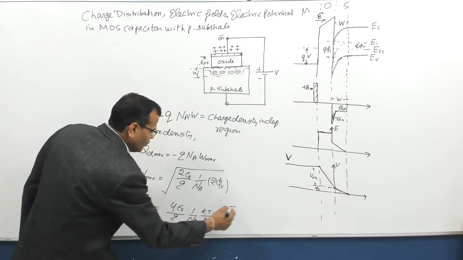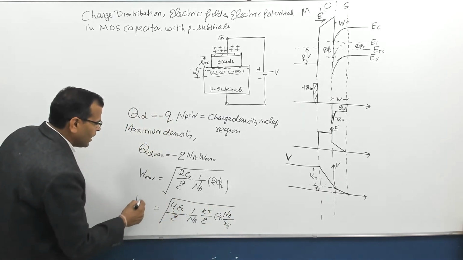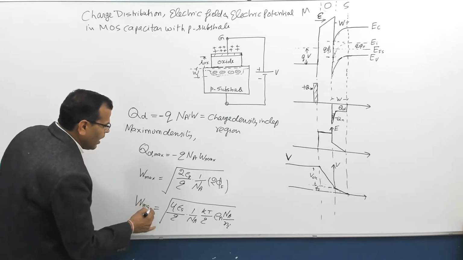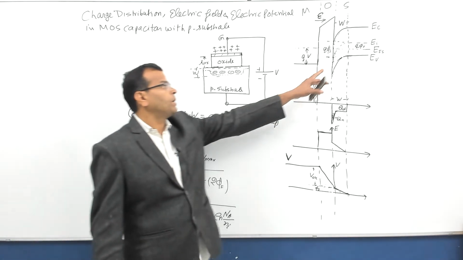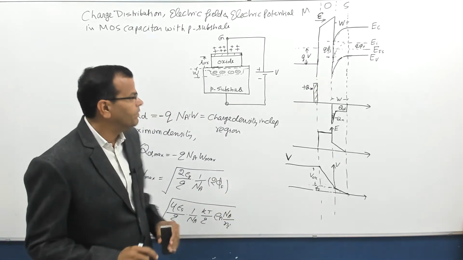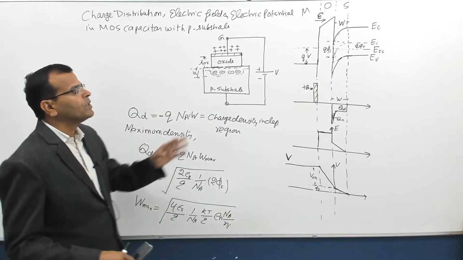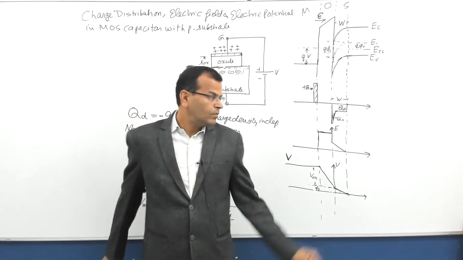This is what you need to remember. This is the maximum width of the depletion layer, and if you put this here, you get the maximum charge in the depletion region. Fine, that's the charge distribution for the depletion region.